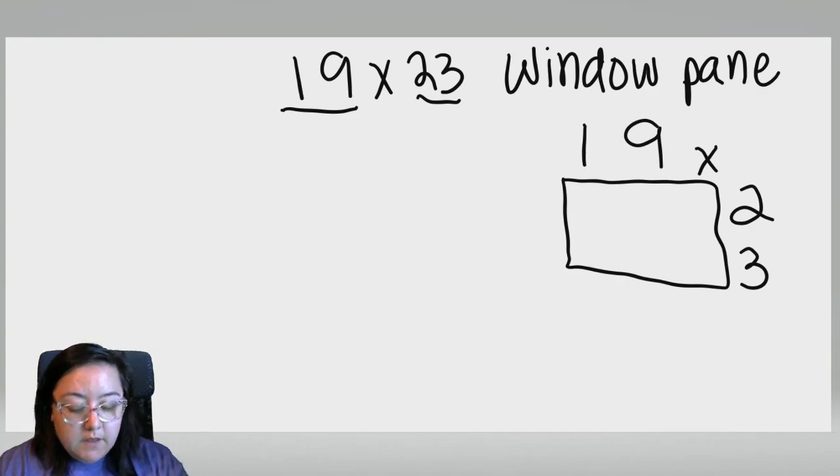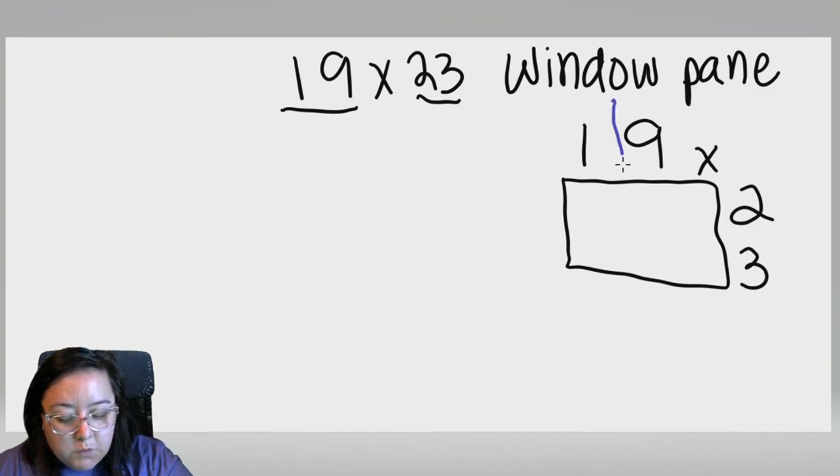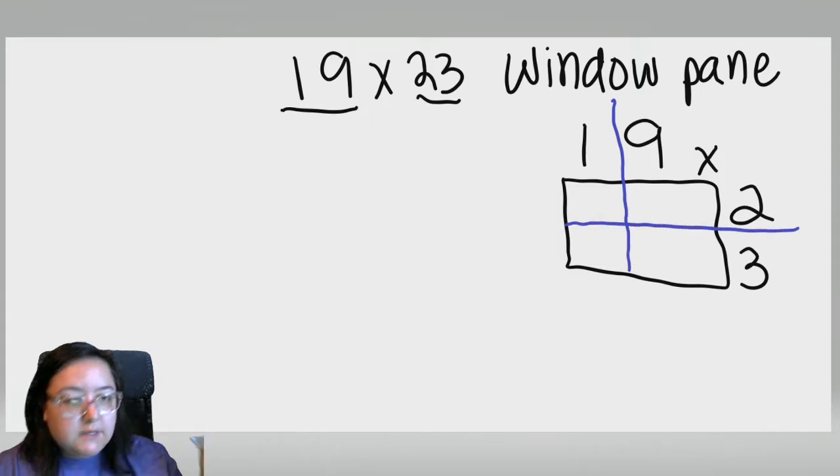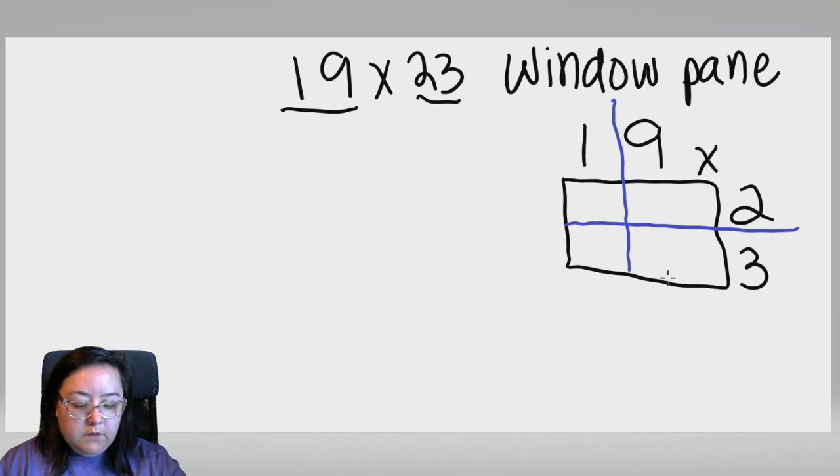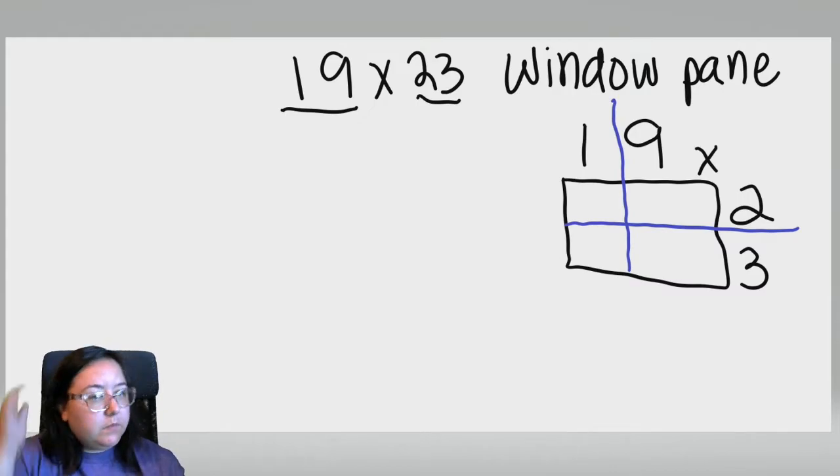Take your pencil and draw a line between the numbers. Just like this. So now you have 4 panels because we have 4 numbers that are going to be multiplied together.